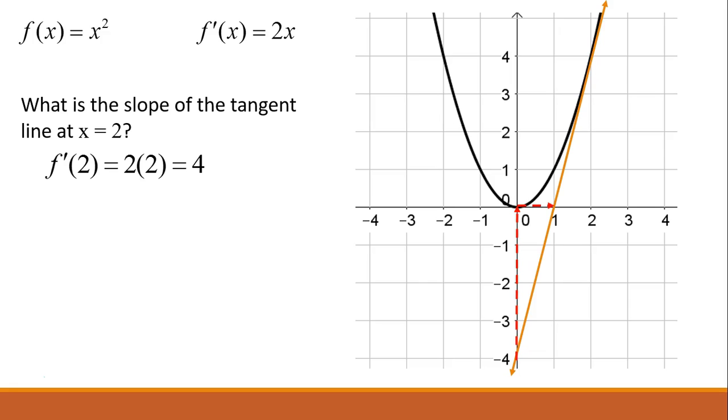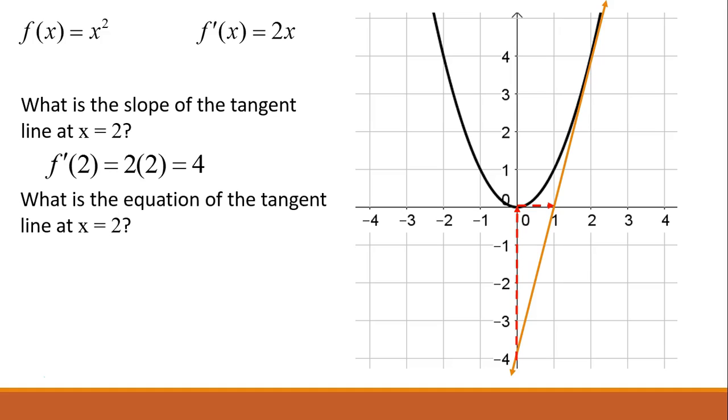What if we want to write the equation of the line? Well, then we have to know what that point of tangency is. And so far, all we know for sure is that its x-coordinate is 2. The y-coordinate of that point we can find by substituting 2 into our function, because our function gives us points on the curve.